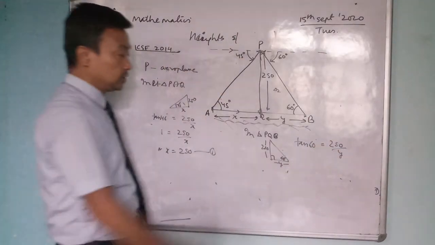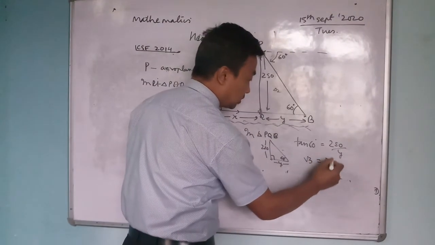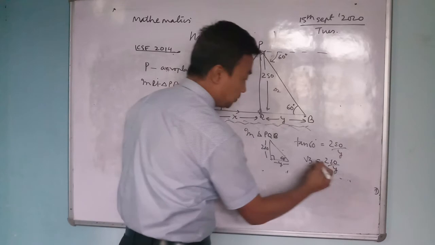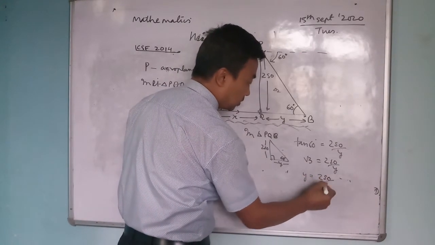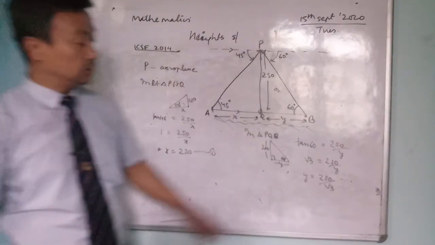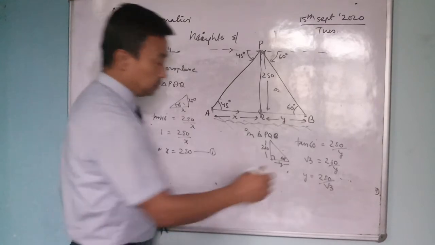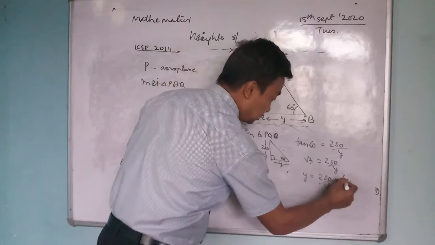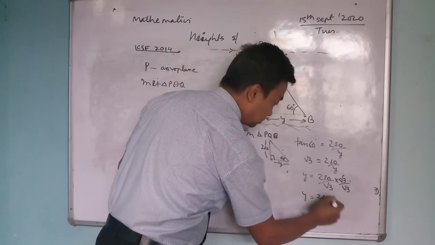And tan 60 is root 3. So you have to cross multiply this. You got root 3 in the denominator, the base, so you have to rationalize and make it rational. To rationalize is very, very simple: multiply by the same number.